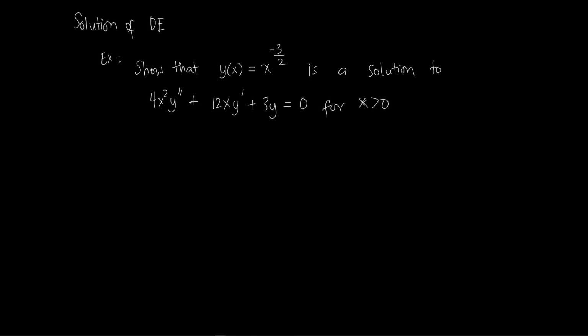Okay. So for example, sabi sa problem, show that y of x is equal to x raised to the power of negative 3 halves is a solution to 4x squared y double prime plus 12xy prime plus 3y is equal to 0 for x is greater than 0.